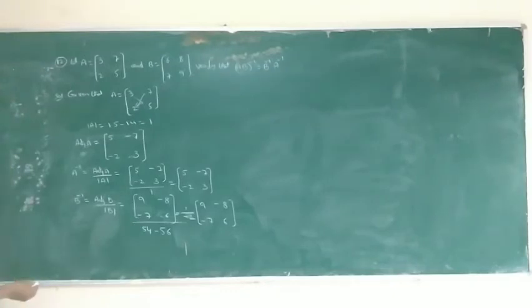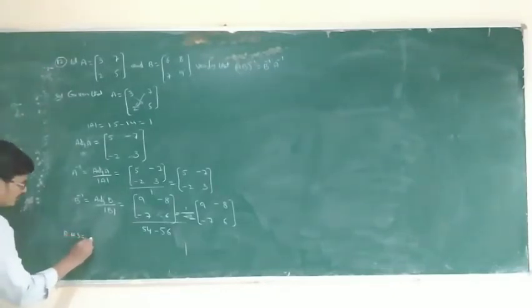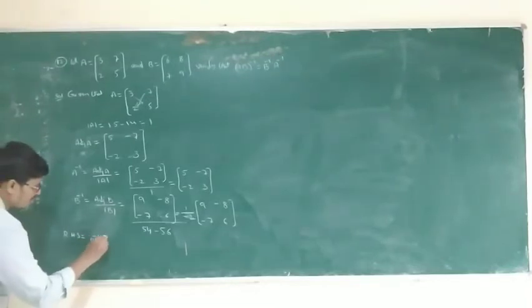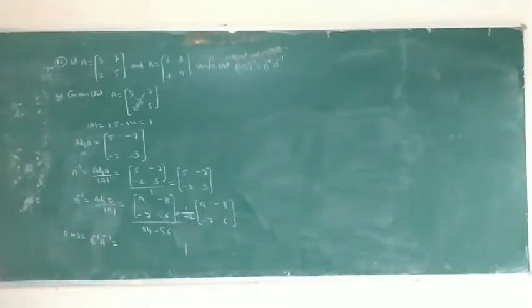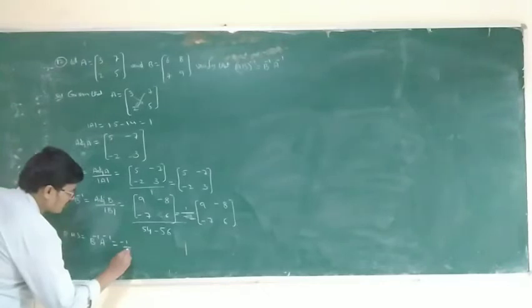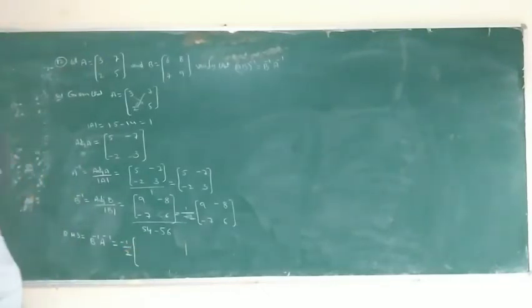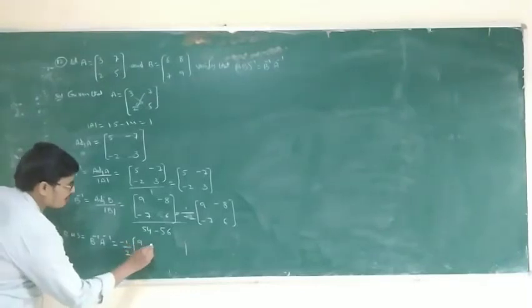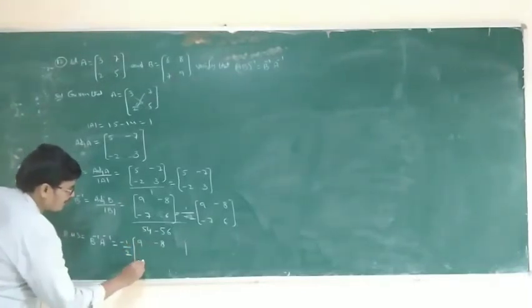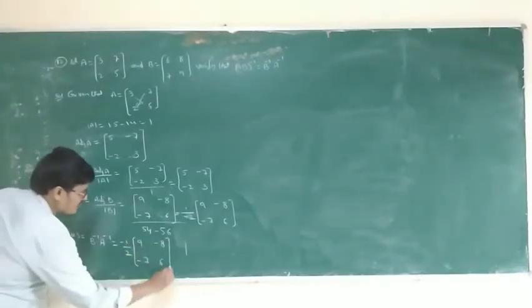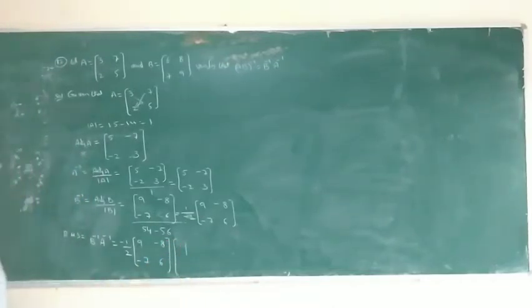Next, what is the RHS? RHS is equal to B inverse into A inverse. B inverse is minus 1 by 2 into 9, minus 8, minus 7, 6, into A inverse.